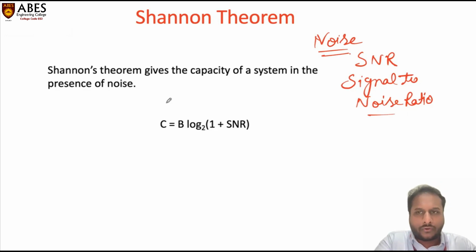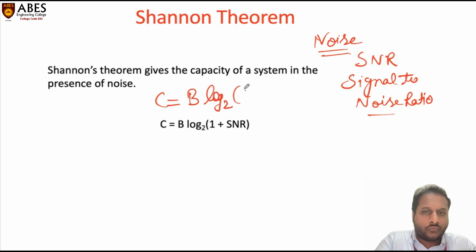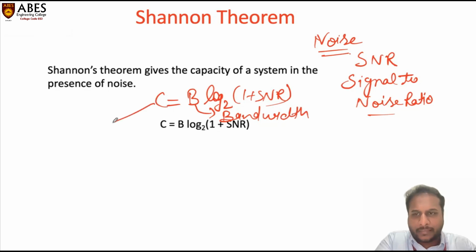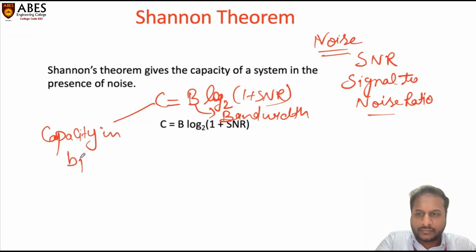So the formula for a noisy channel will be capacity equals bandwidth. Now there is a formula change: C equals B log base 2 of 1 plus SNR, where B denotes the bandwidth in Hertz and C is capacity, as always, in bits per second.